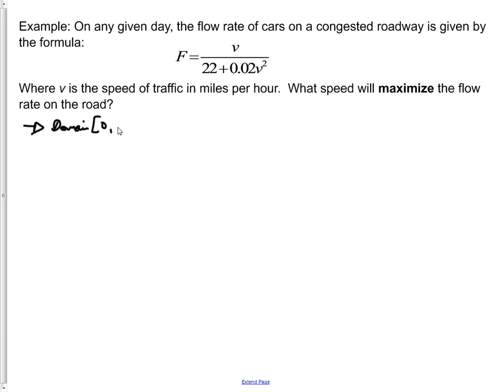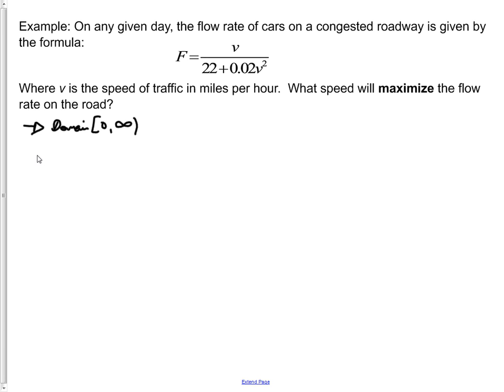So our domain, we're just going to say, well, infinite speed. We can go as fast as we want in an ideal world. Clearly, that's not going to be the case. We might even say people go 70 miles an hour on average. But what we're going to do is just take this to be our domain, so 0 to infinity. That's the realistic limits on our velocity, our speed in miles per hour.